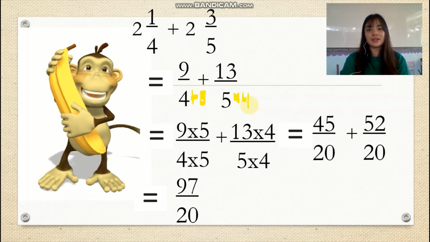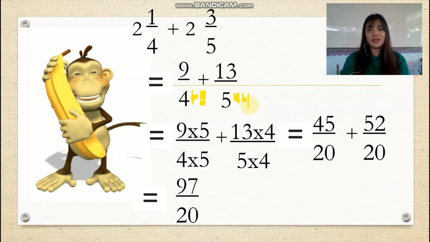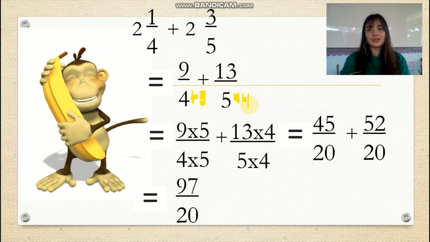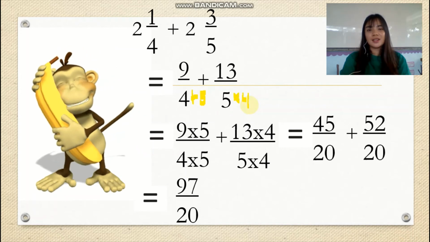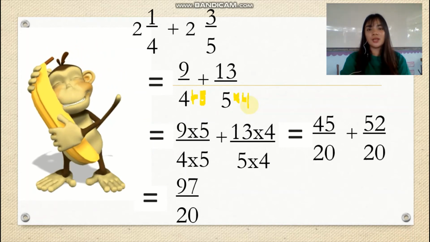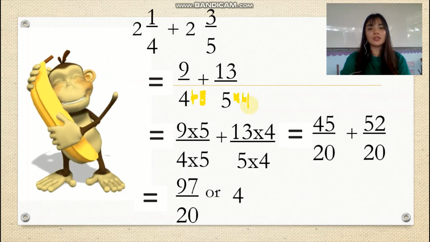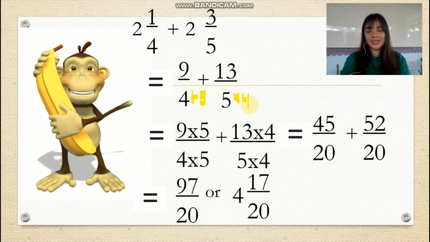So our answer would be 97 all over 20. Can we simplify our answer? Yes. So our answer could be 97 all over 20 or 4 and 17 all over 20.